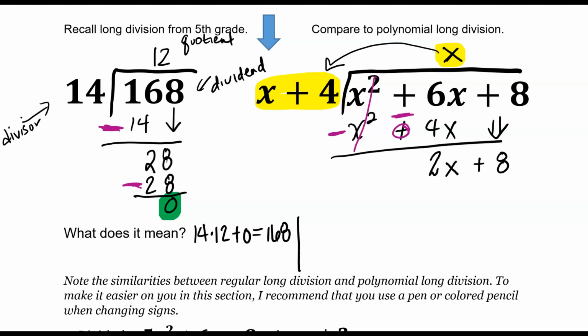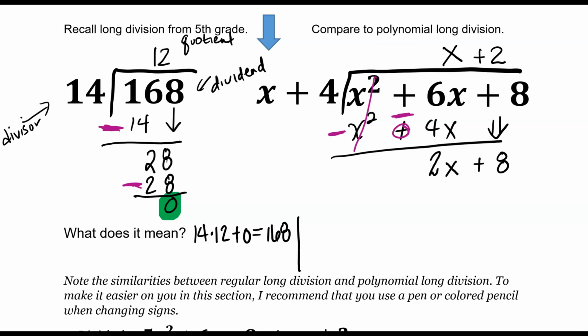We start over at this point. This x times what will give us 2x? It would be a positive 2.